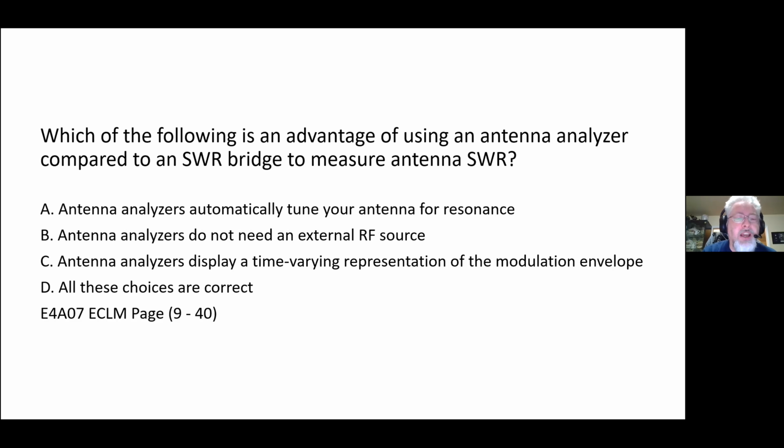B, antenna analyzers do not need an external RF source. C, antenna analyzers display a time-varying representation of the modulating envelope. D, all these choices are correct. Bravo is correct. The antenna analyzers do not need an external RF source.